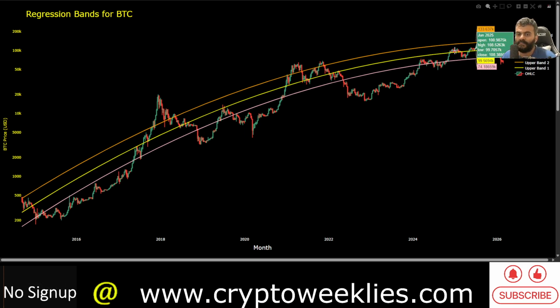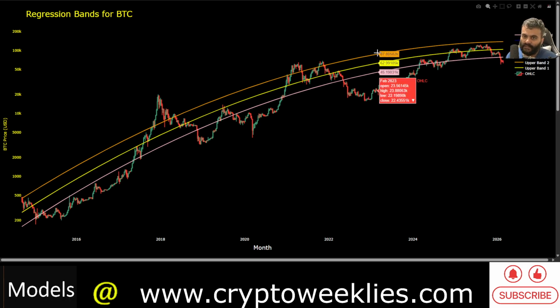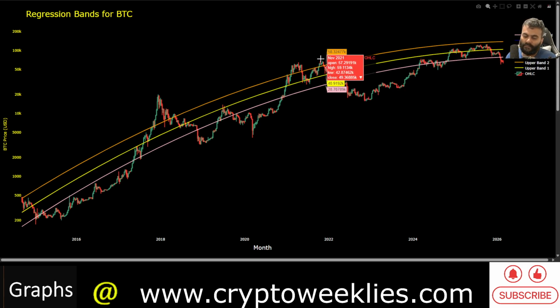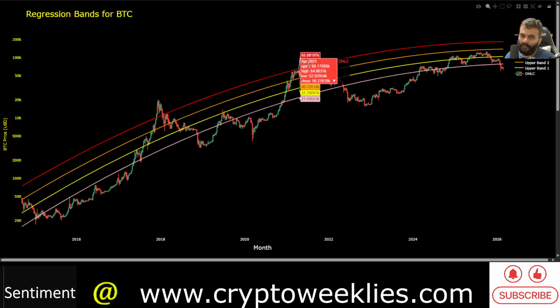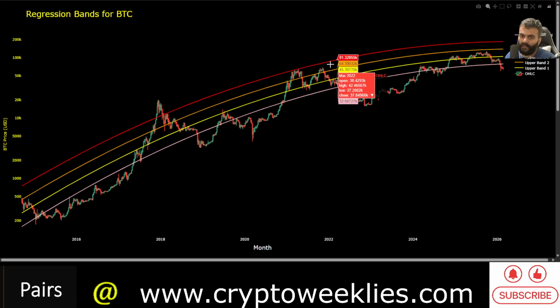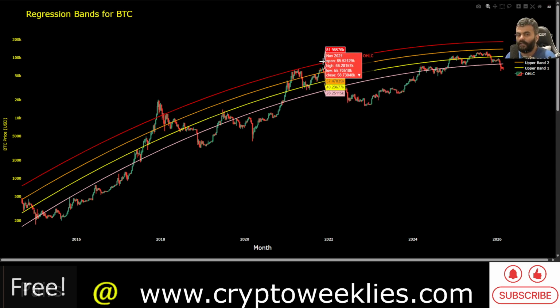But again, as the thickness of this orange line is diminishing, what we can see from cycle to cycle. In the first major cycle for Bitcoin in 2017, price went to the 3 standard deviation residual, the red line. The second one barely touched the 3 standard deviation and fell short of it at the peak.